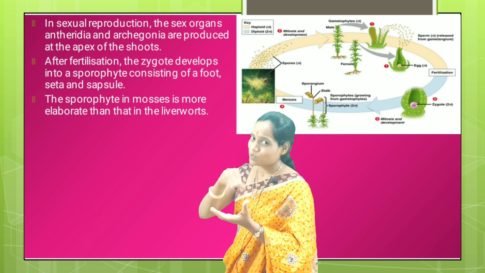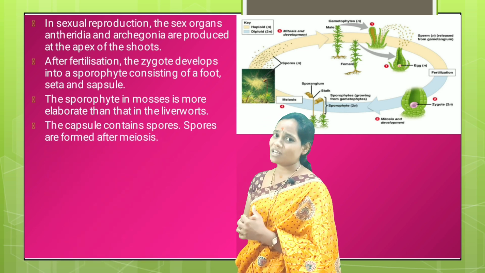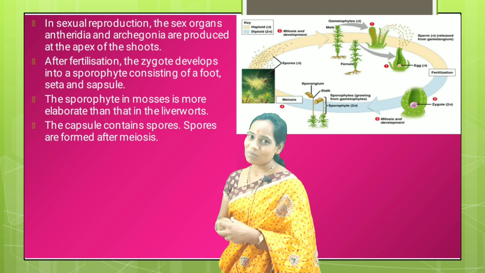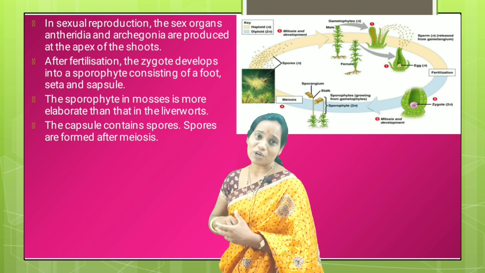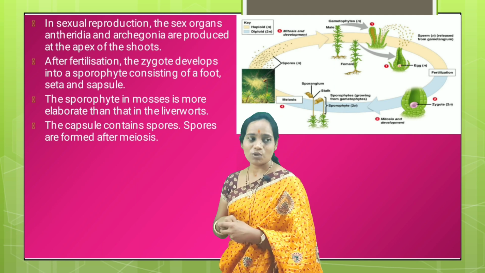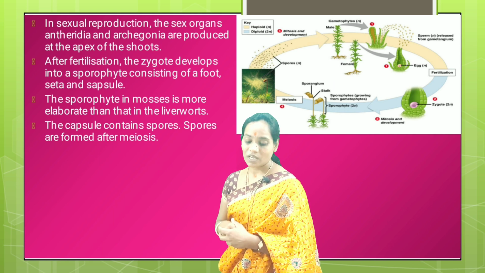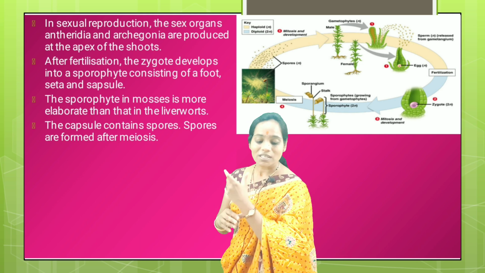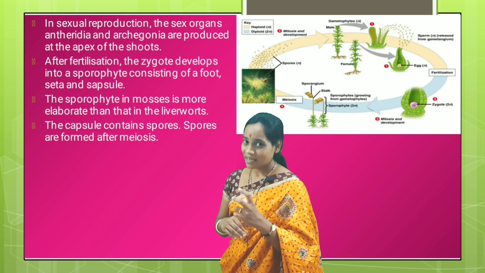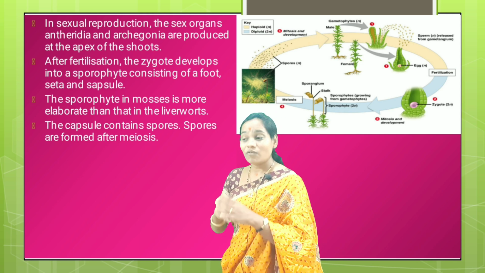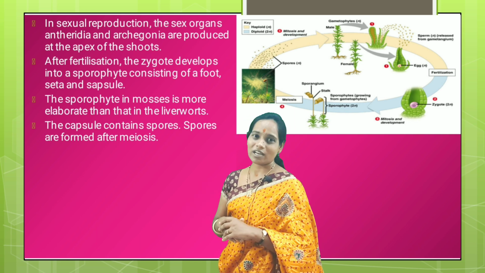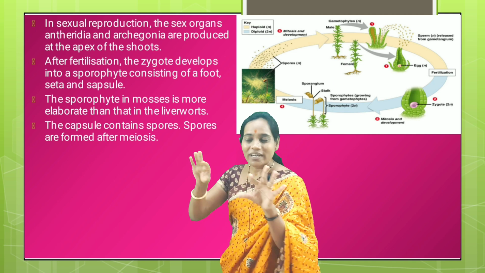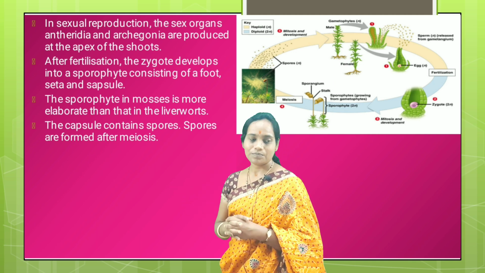Within the capsule, the cells undergo meiosis and produce haploid spores. Once these haploid spores are completely developed, the capsule will rupture to release the spores.